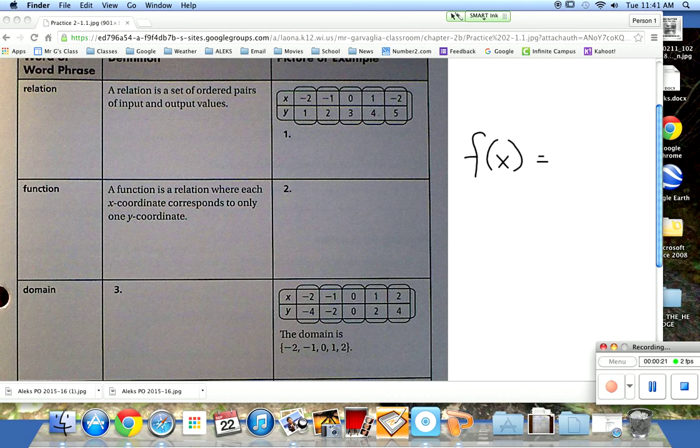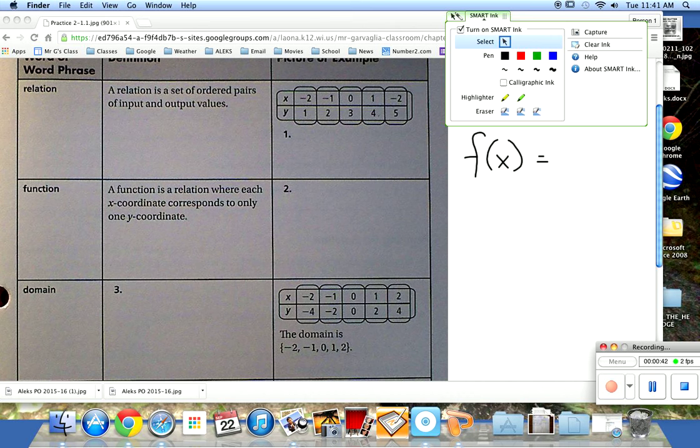Start learning more about functions and how we work with functions, and how this chapter is going to be dealing with them. Relation. A relation is a set of ordered pairs of an input-output value.